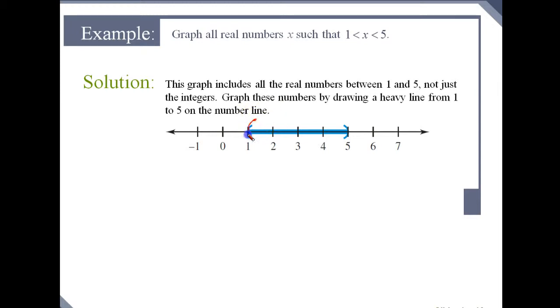That parenthesis is kind of a funny looking parenthesis. And then we darken it in to indicate all real numbers between a 1 and a 5. And because it's an inequality sign, the 1 and the 5 are not included in that. It's what comes after 1 and what comes before 5.